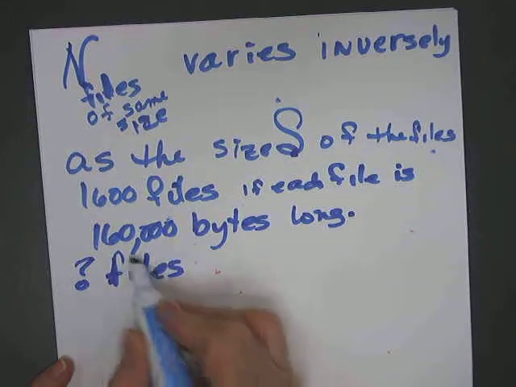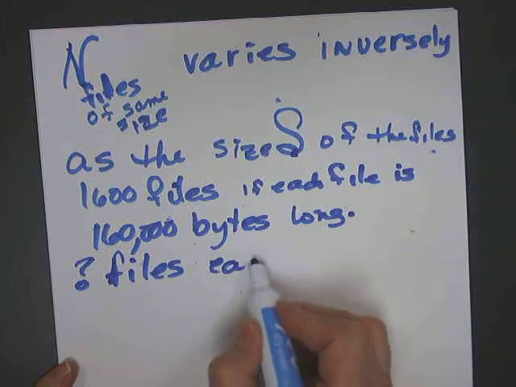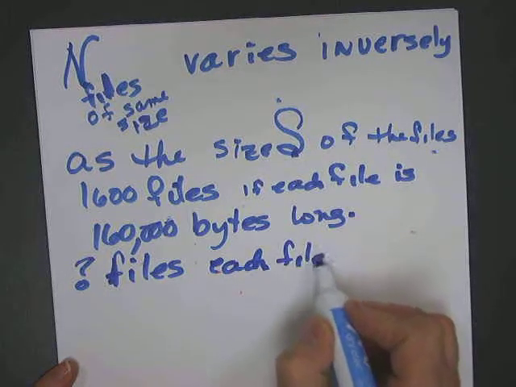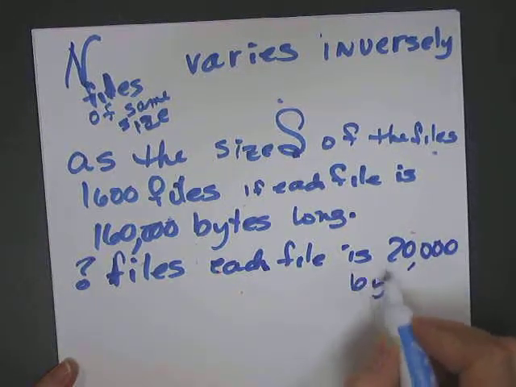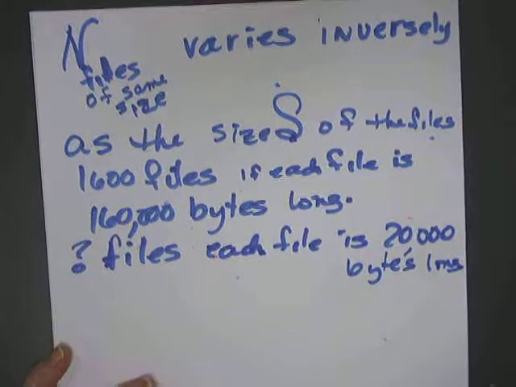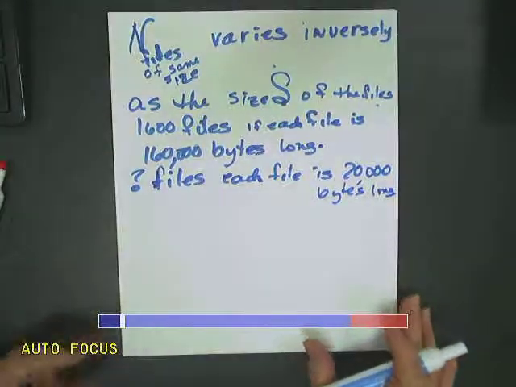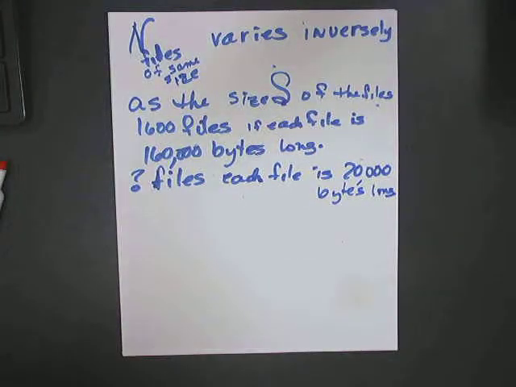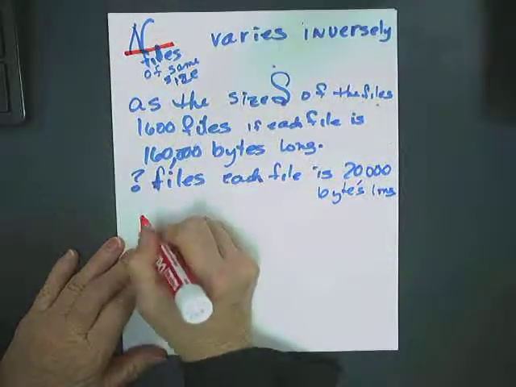Next, the number of files. N is the number of files of the same size that a computer's hard disk will hold.